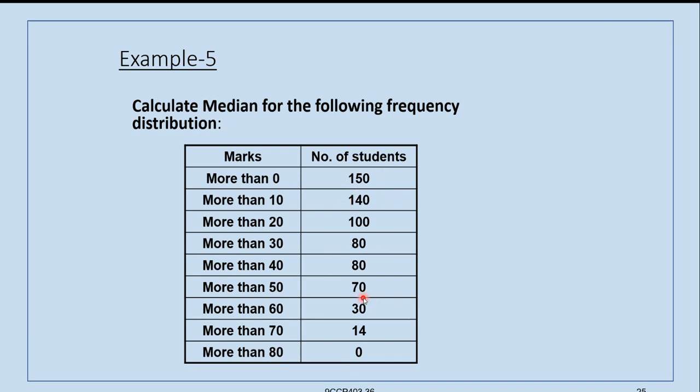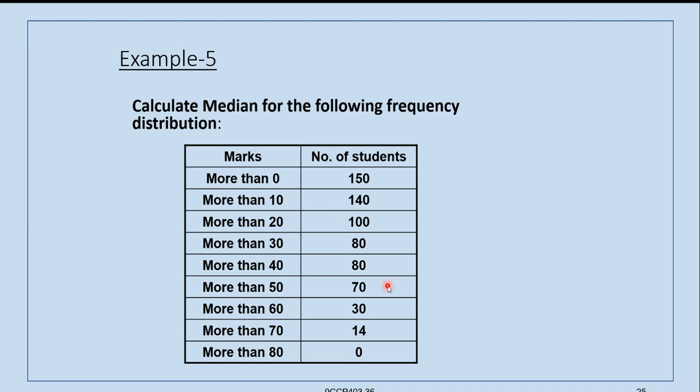And we will convert the class interval. So here 80 to 90 is 0. Next, for this, 70 to 80 is 14 minus 0. For this, 60 to 70 is 30 minus 14.